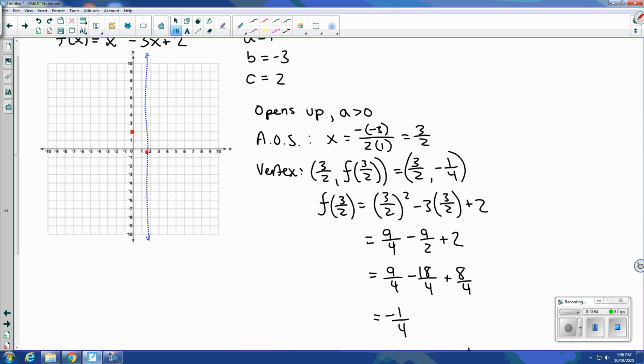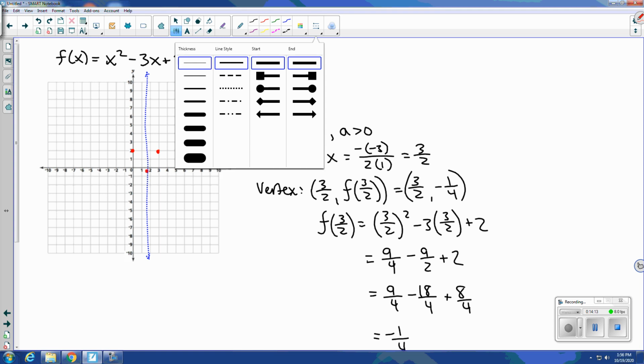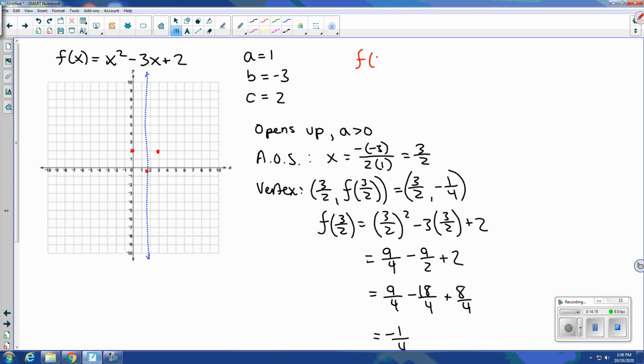Plot our third point using symmetry. So that y-intercept is 1.5 units away from our axis of symmetry. So another point 1.5 away would work. I can plug in other points to get my fourth. The point I'll choose, let's compute something easy, right? Let's make our life easy. So f of 1 is a good choice.